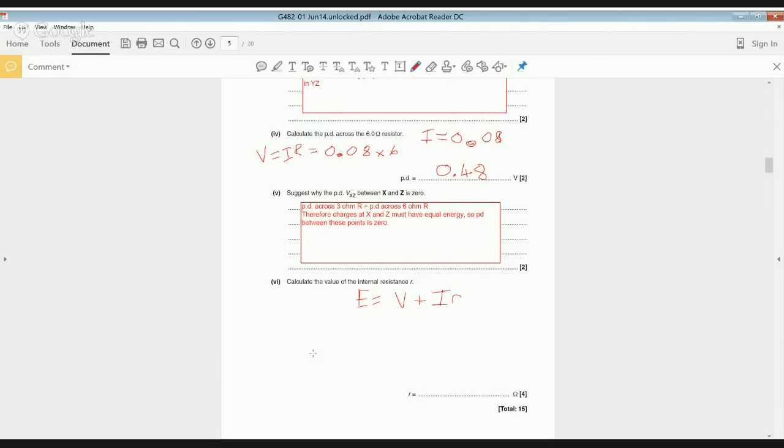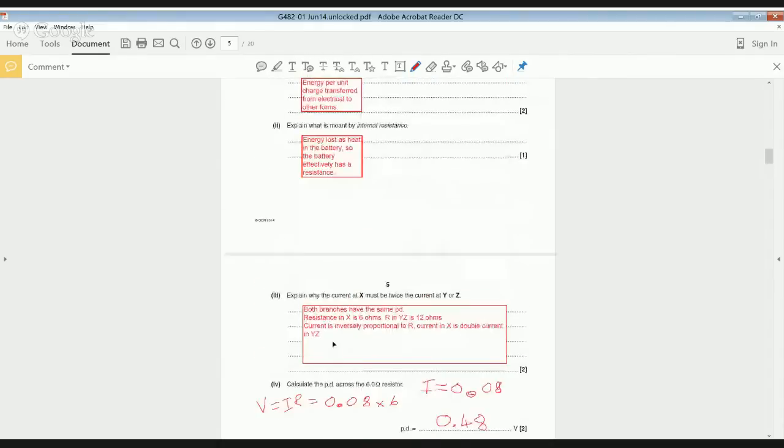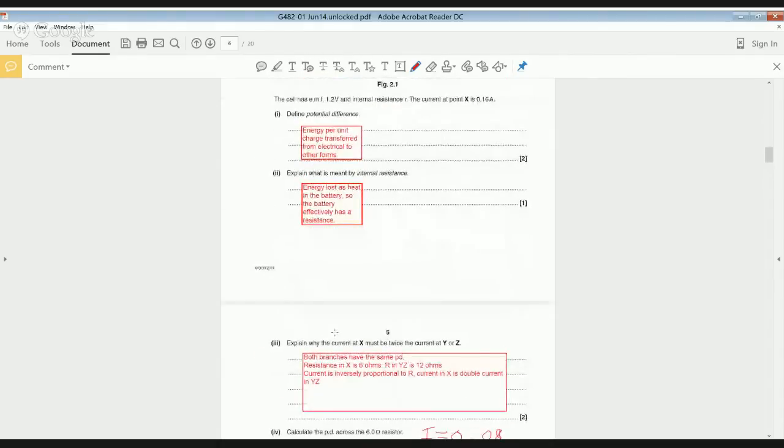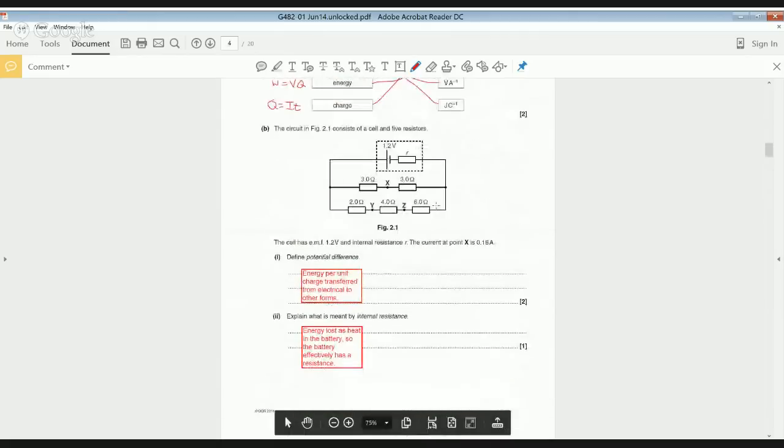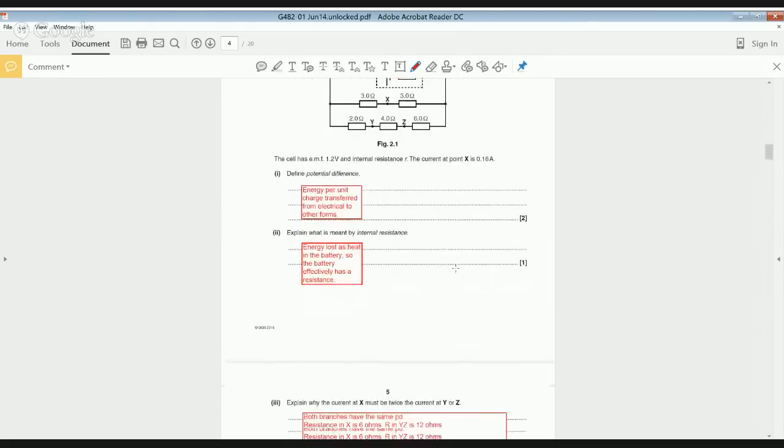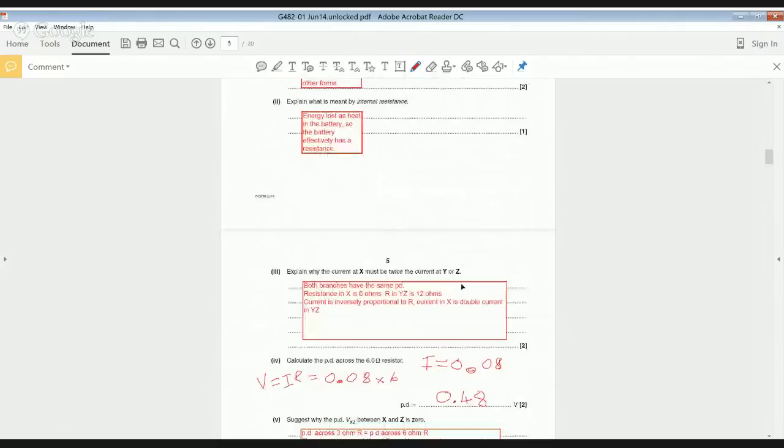And we know that the potential difference across the 6 ohm resistor here is 0.48, and there's another 6 ohms here. So the total potential difference across the whole branch here, remember, parallel circuits, same potential difference across each branch, is going to be double this 0.48.